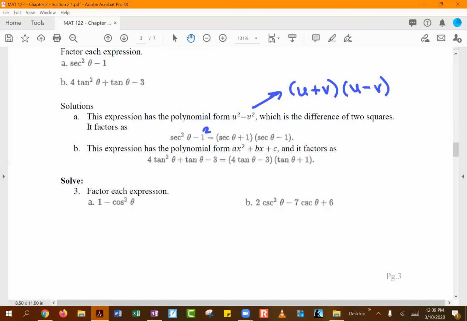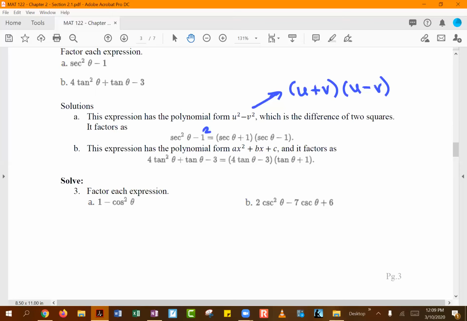So they're looking at what would be the factors for 4 times negative 3 which would add up to give you positive 1, and they're using that property to factor these out.